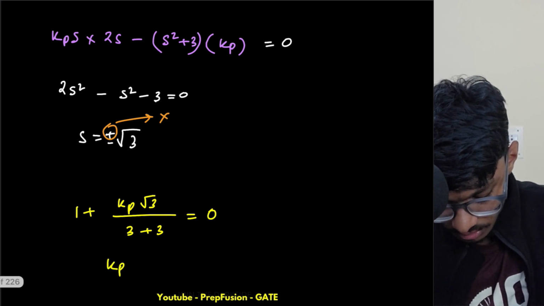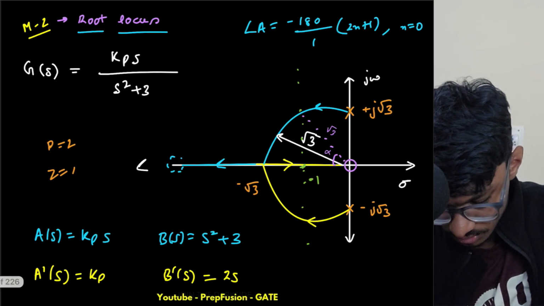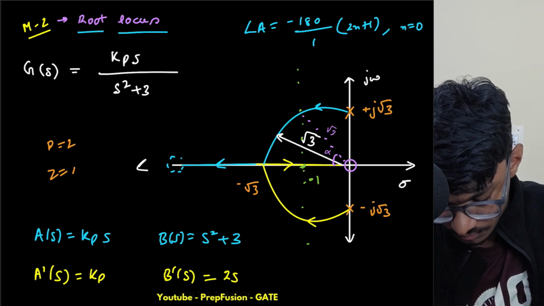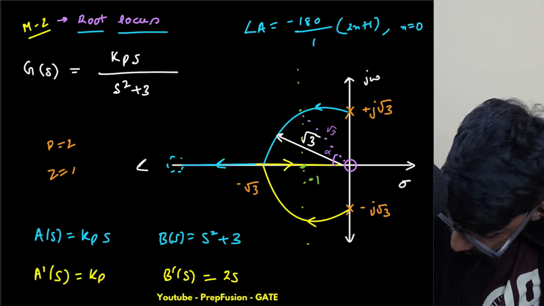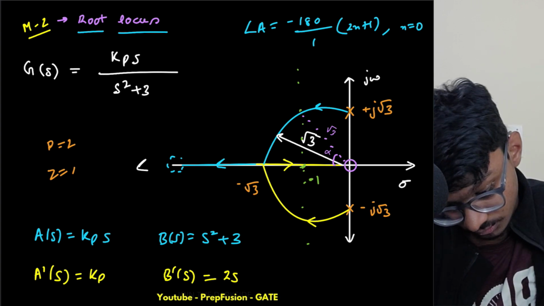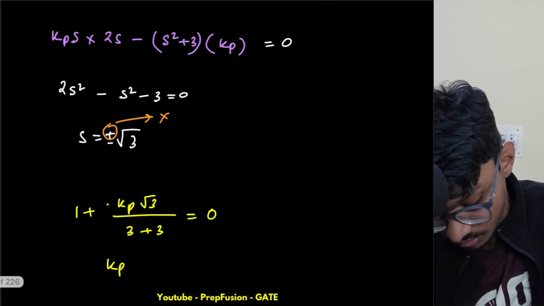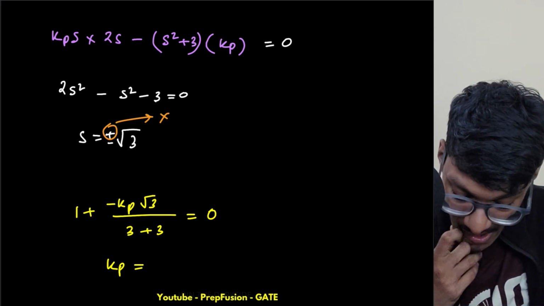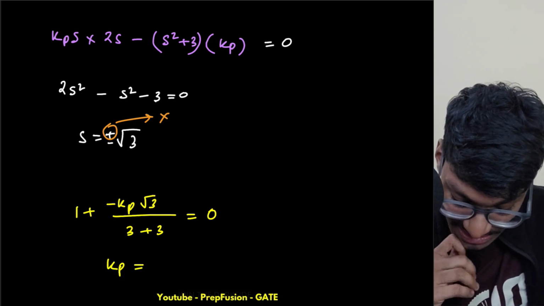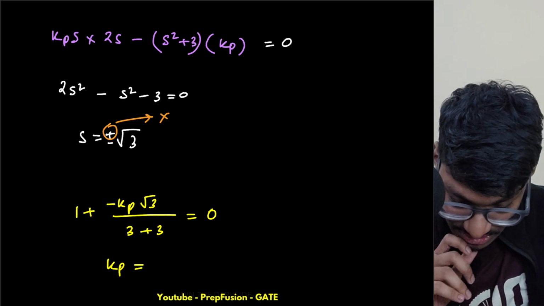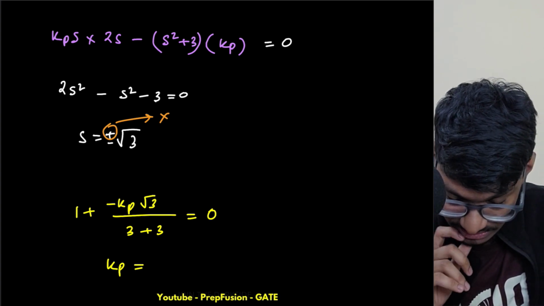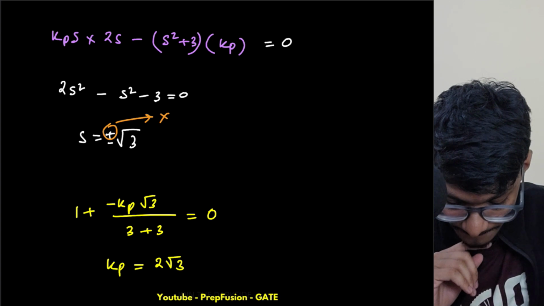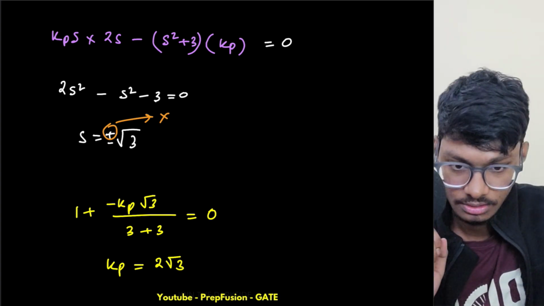So my kp will be simply 1 plus g of s. Sorry, it was minus √3. So this kp will be, the minus goes on this side, plus 6 upon √3. So 6 upon √3 is 2√3.